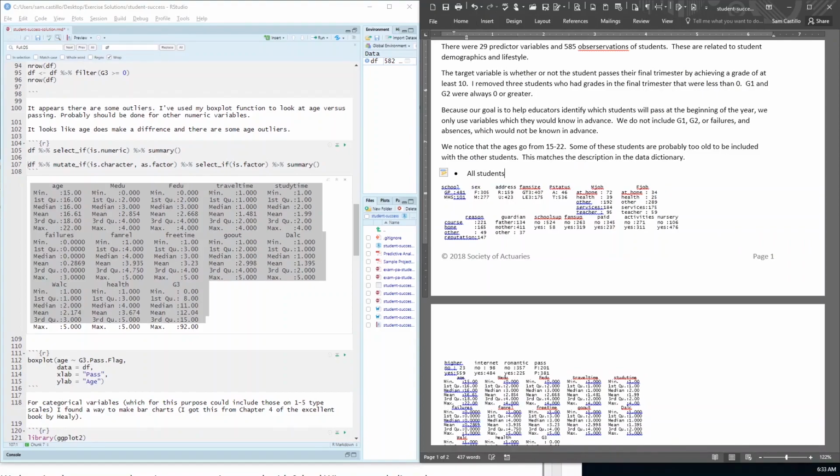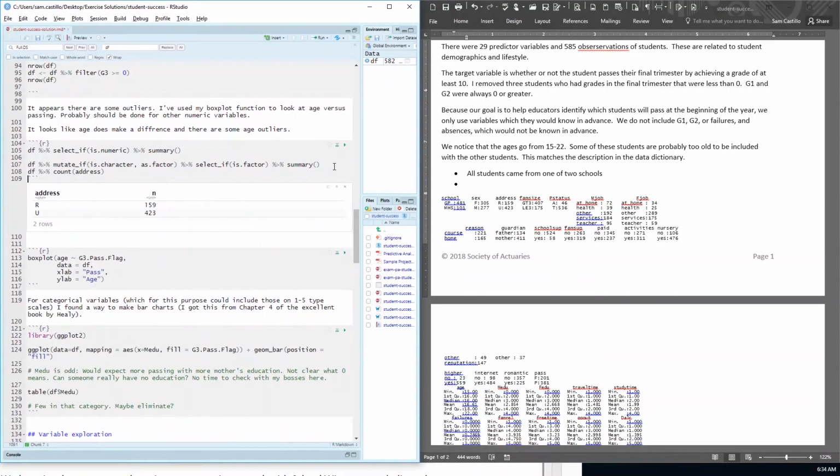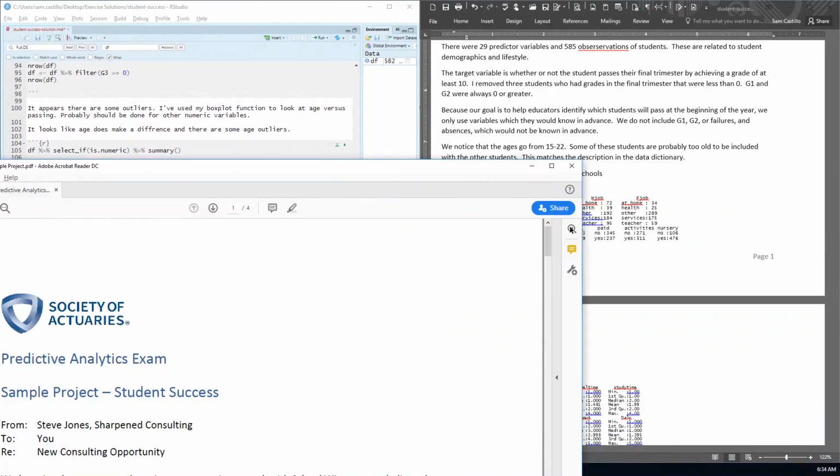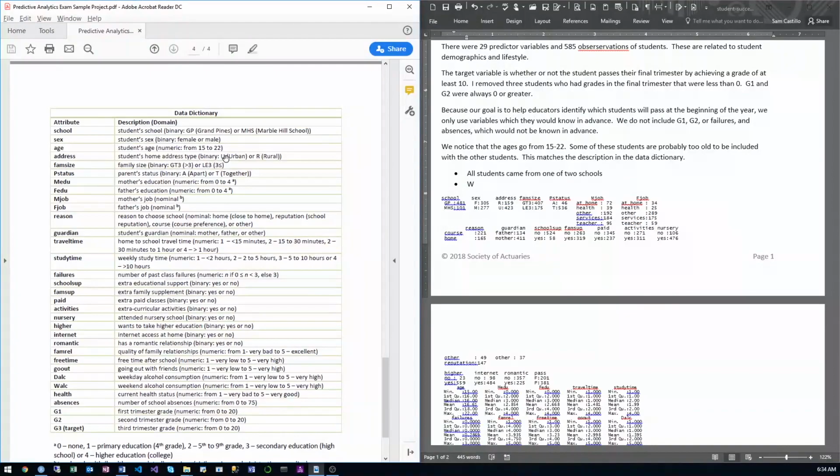All students came from one of two schools. What is address? It's either R or U, where, I believe, so what does address stand for? Address is student's home address, urban or rural.